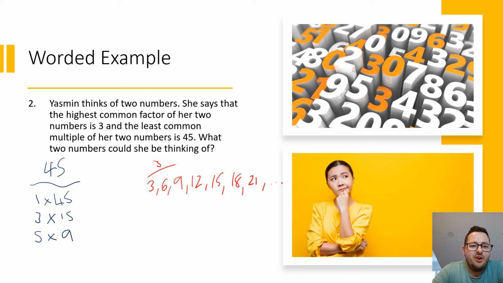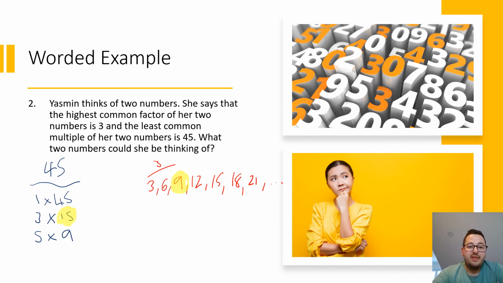Okay, so you just need to have a little think about this, but to me it's got to be, so I'll tell you what it is first. It's going to be 9 and it's going to be 5. Okay, because, not 5, sorry, ignore me. 15, I mean. So it's going to be 9 and 15.